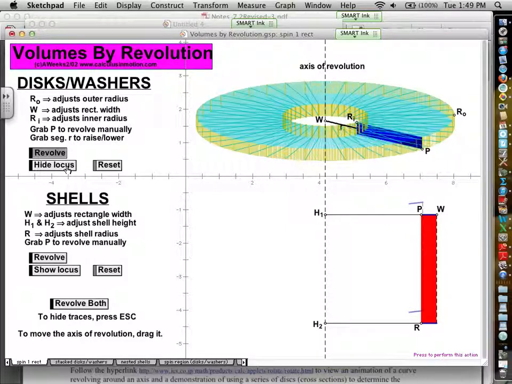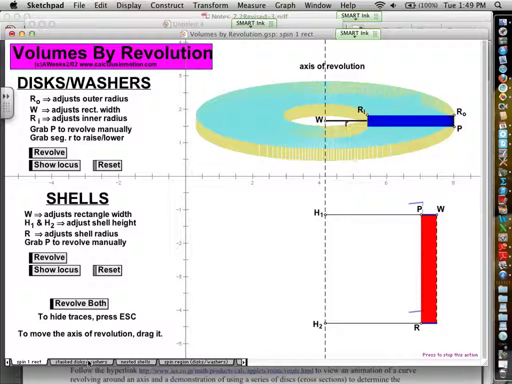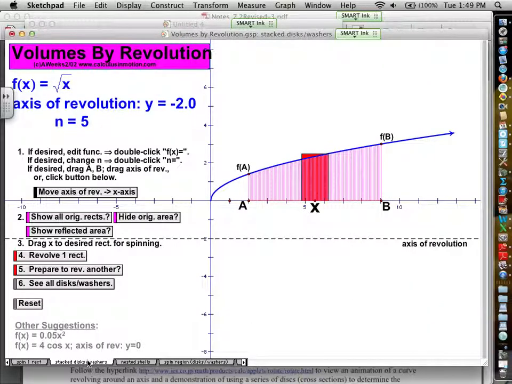Now, you did stuff like this back in geometry. Let me look at this one here. Let's look at this and then we'll talk about geometry. So this is the same idea. Here's my axis of revolution. We looked at this simulation and we had the axis of revolution be the x-axis for this one.